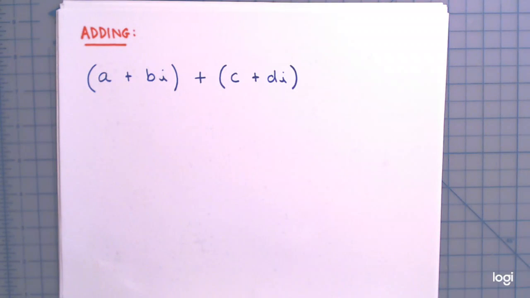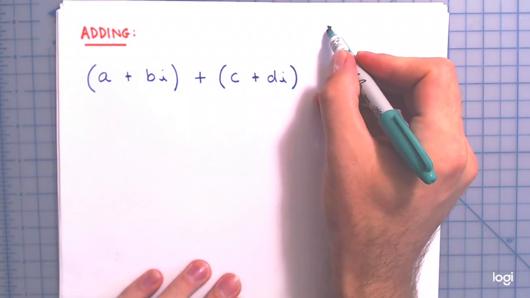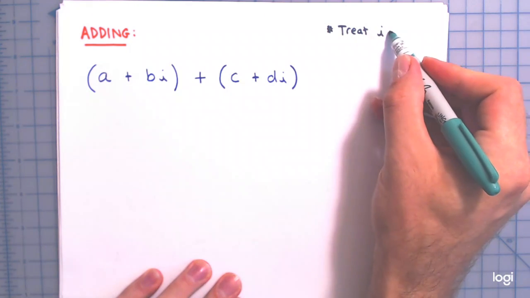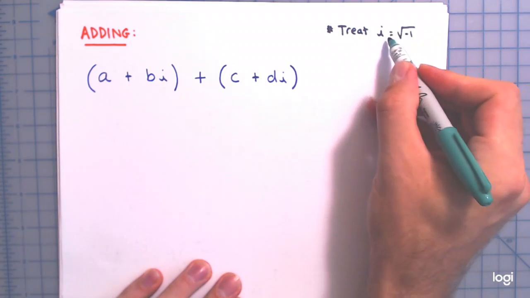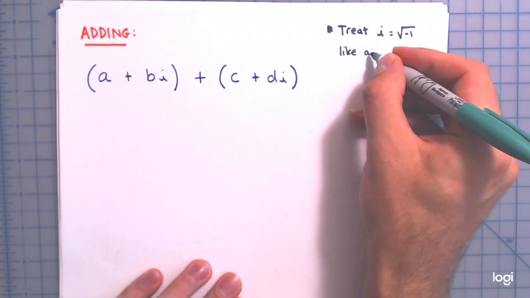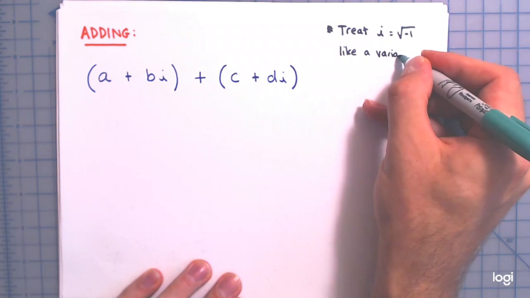And when you're adding or subtracting, what you're going to see is that we're going to treat i, remember that square root of -1, we're going to treat i like a variable in a polynomial.